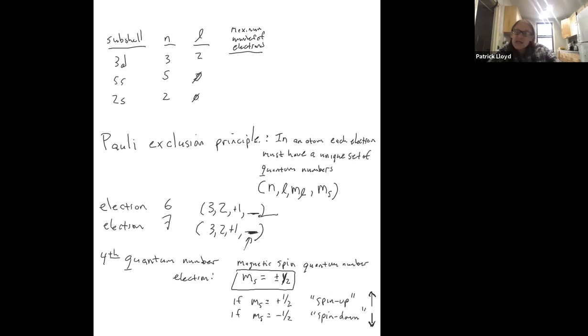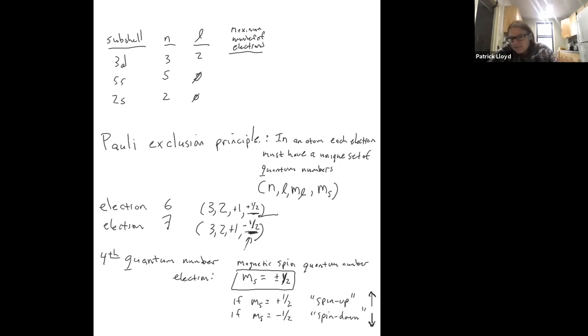So now here's how this plays out to answer this question. Electron 6, let's say it's plus 1/2. That means that electron 7 would have to be minus 1/2, right? They have to be different because no 2 electrons in the same atom can have all 4 numbers be the same simultaneously.